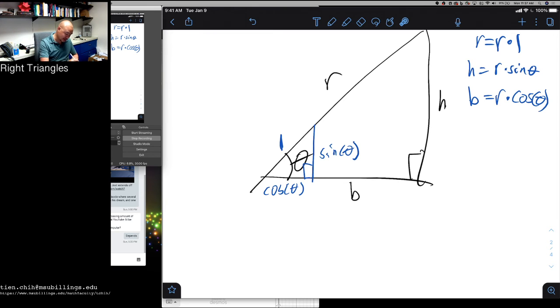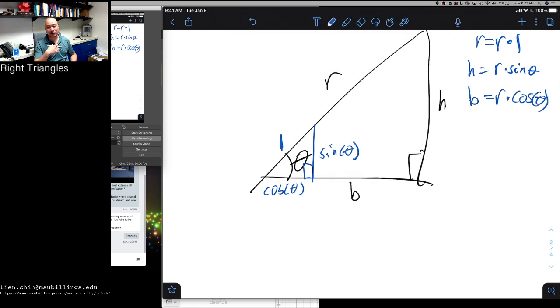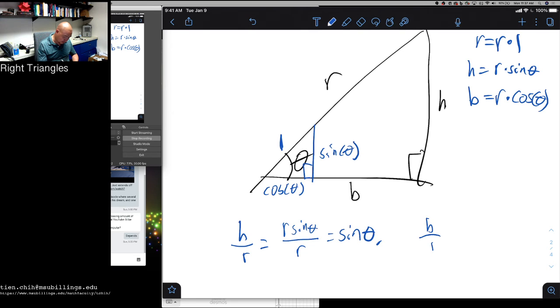What you can do now is just say, hey, look, if I'm given a triangle and its sides and angles, and I want to know the sine or cosine of an angle, what I do know is that if I take the height here and divide it by the radius, so h over r is going to be r sine theta over r, which is sine theta, and b over r is going to be r cosine theta over r, which is just cosine theta.